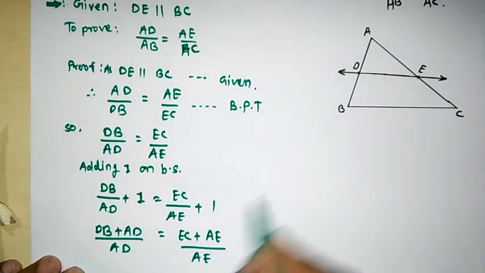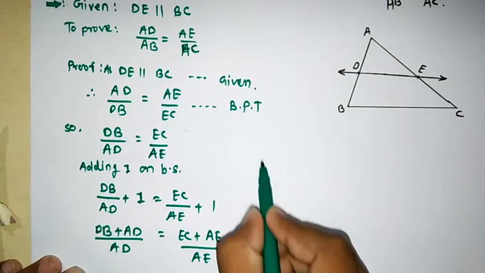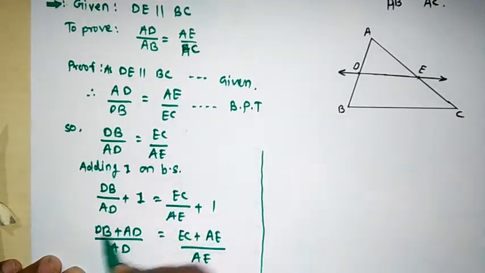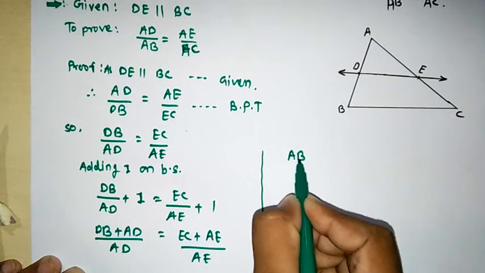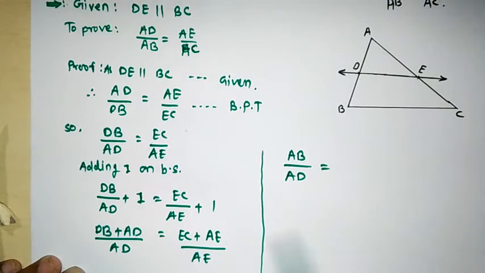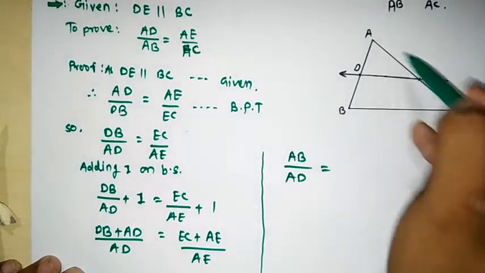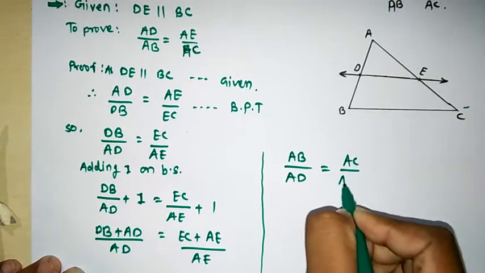Okay, now see here, DB plus AD is equal to how much? Can I write it as AB? I will write here DB plus AD is equal to AB. So AB divided by AD, which is equal to EC plus AE. EC plus AE is equal to how much? Can I write directly AC? Yes, AC divided by AE we got.